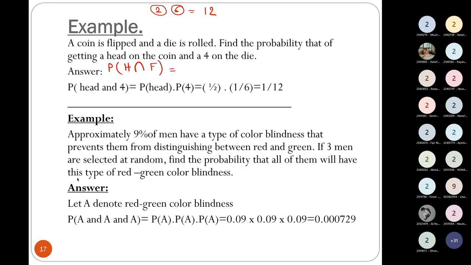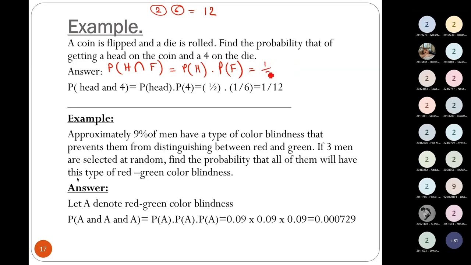This equals the probability of head multiplied by the probability of 4, because flipping the coin has no effect on the die roll. So this is independent. The probability of head is 1/2, because the sample space is head or tail.